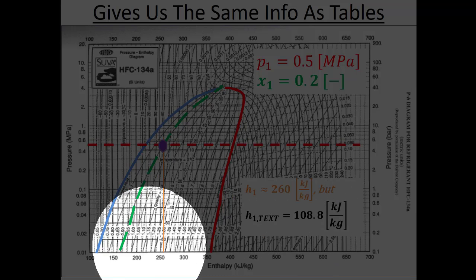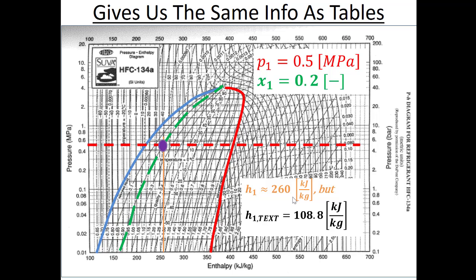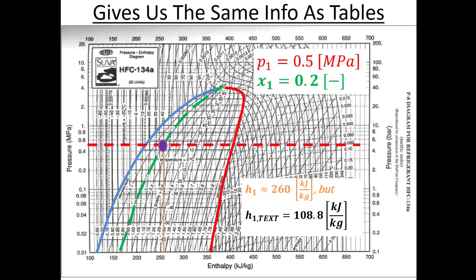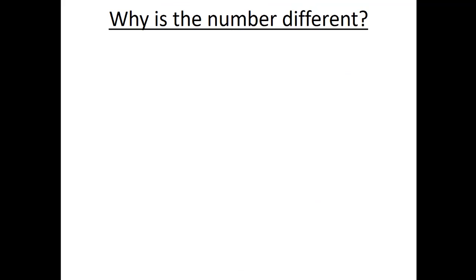Because here on this graph, h1 is 260 kilojoules per kilogram. But from the textbook, it's like 108.8 kilojoules per kilogram. So, I'm an engineer, I'm not a mathematician, but I do know that 260 is not equal to 108.8. So what does this mean, right? Did I just terribly misread this? Did I get the wrong chart, right? Why is this number different?